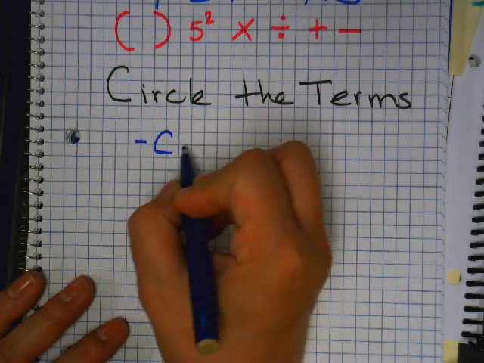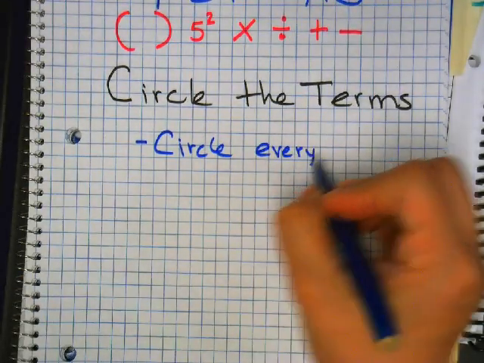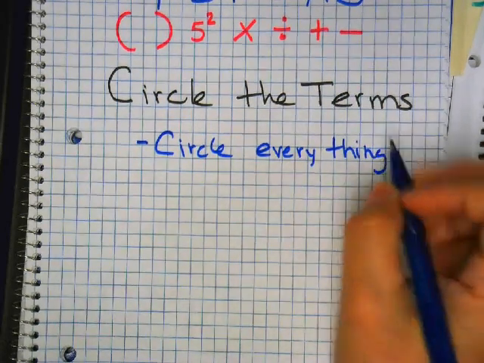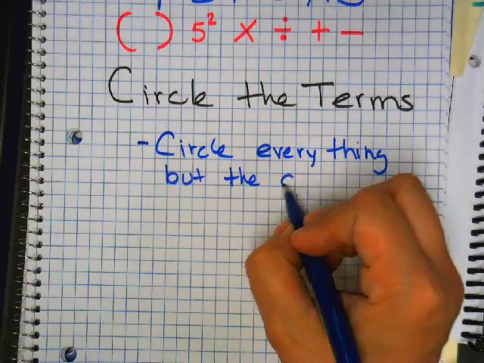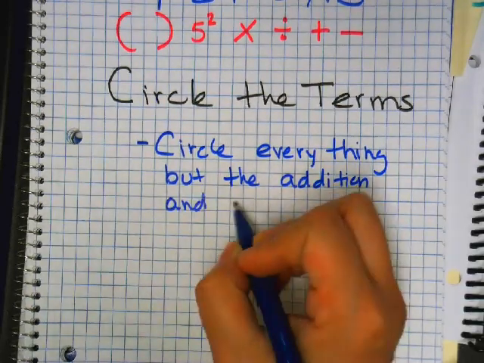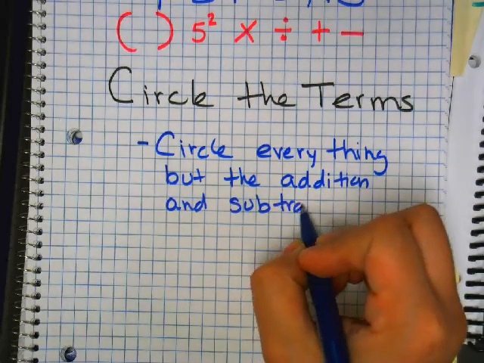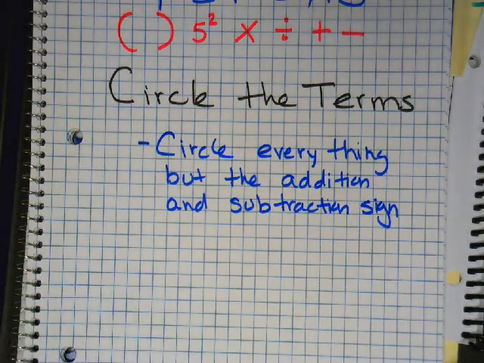You're going to circle everything but the addition and subtraction sign. Okay, so the only thing you're not going to circle is the addition and subtraction sign.